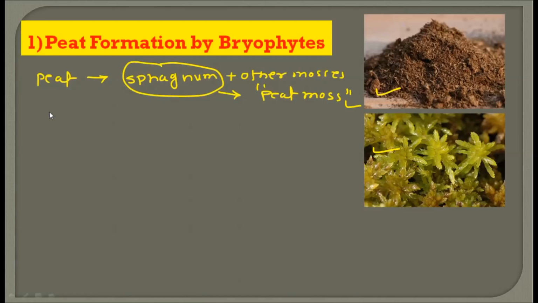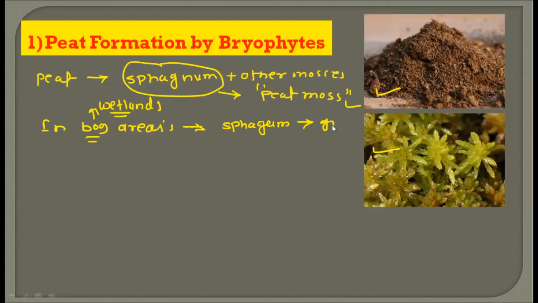So how is this peat formed? There is a process by which this peat is formed. In bog areas, this bog means the wetland areas. Alright. The wetland areas are also called bog areas. In bog areas, this sphagnum species grow luxuriantly. The lower portion of these sphagnum species dies regularly.